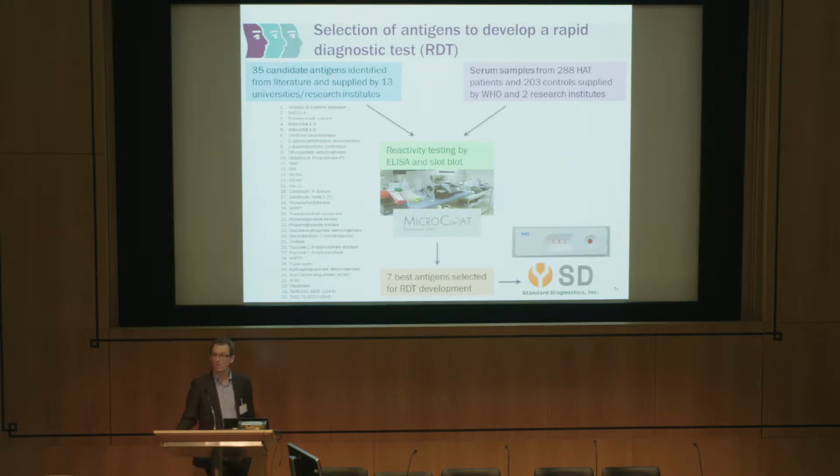These were transferred to a partner in Germany to assess their reactivity using a panel of serum samples from cases and controls, which we obtained from the WHO and other research institutes. Based on this work, it was possible to identify 7 candidate antigens, which were then transferred for product development to South Korea at Standard Diagnostics.